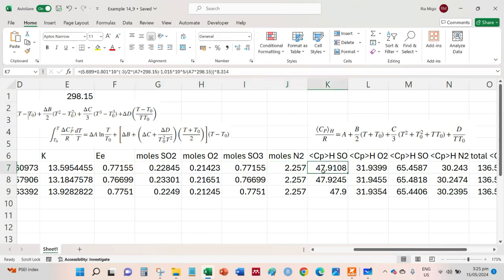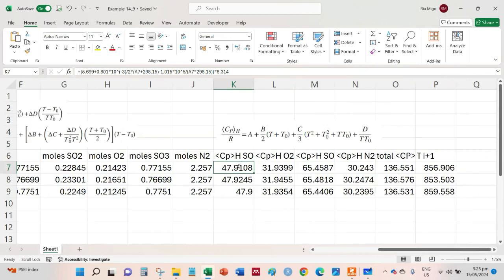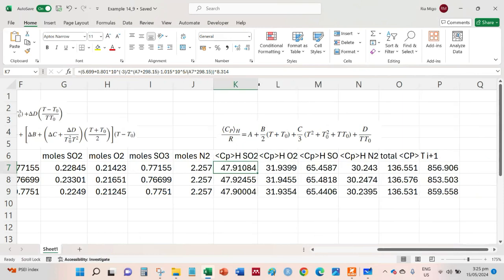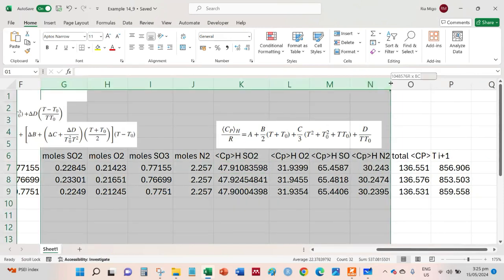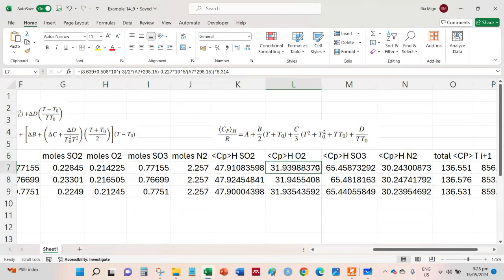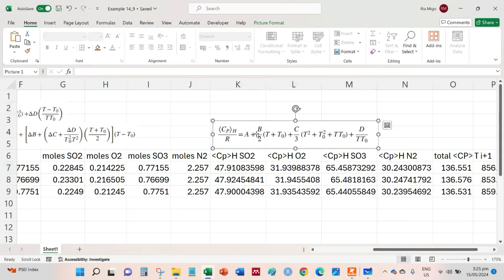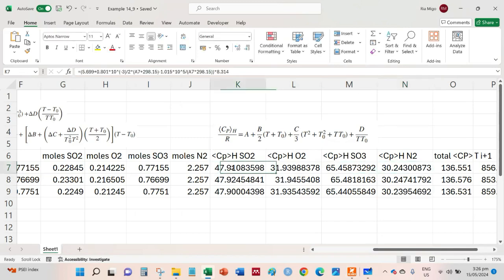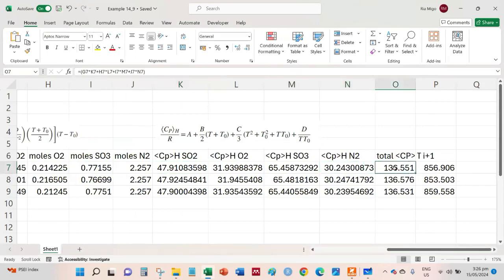And then that's the time you can solve for the total mean heat capacity. But first, do it for every species, SO2, O2, SO3 and N2, using this equation, this is for the CPH. After doing that for each species, that's the time you can calculate the total CP.